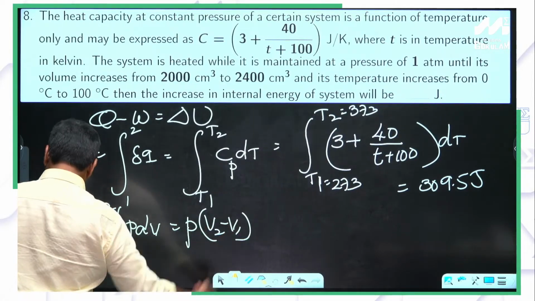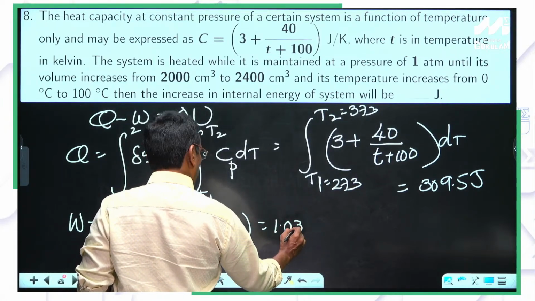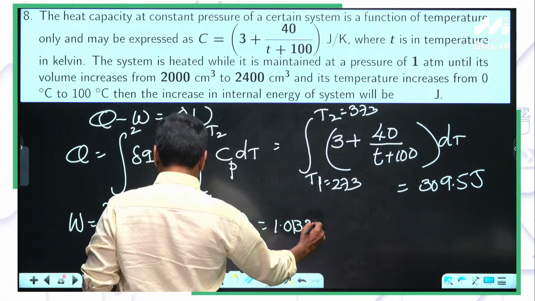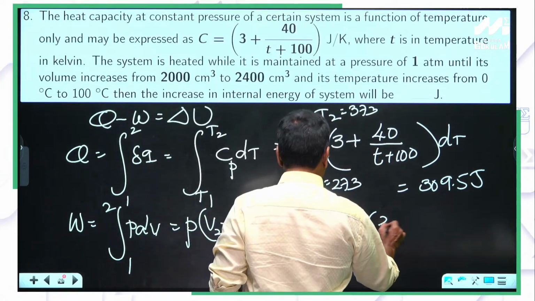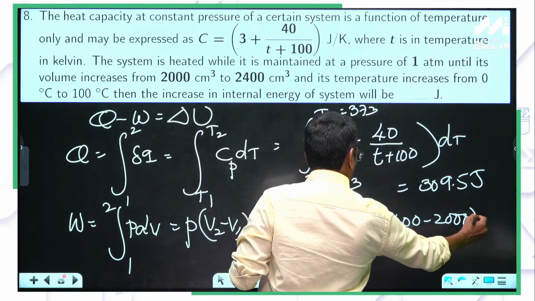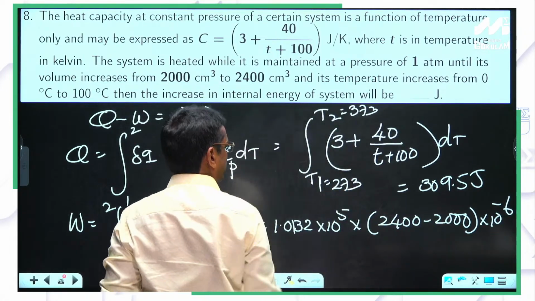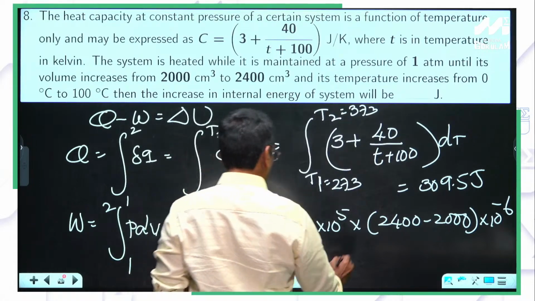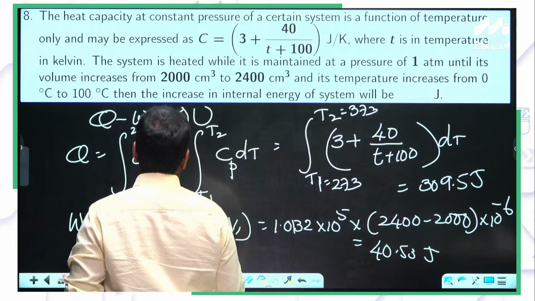Pressure is given as 1.013 into 10 power 5, and 2400 minus 2000 centimeter cube, no? That is why I convert it into meter cube. This is 40.5 joules. Now I write the first law of thermodynamics.